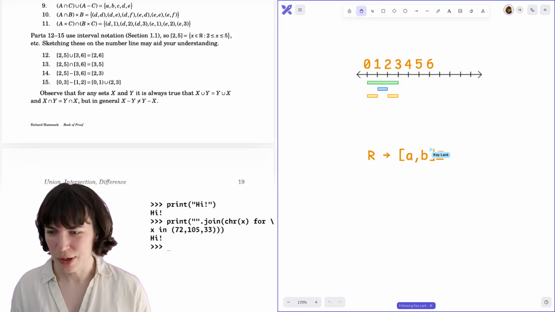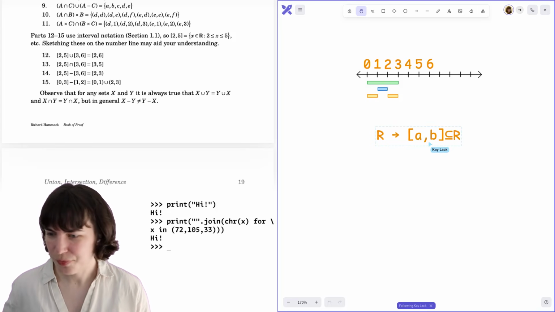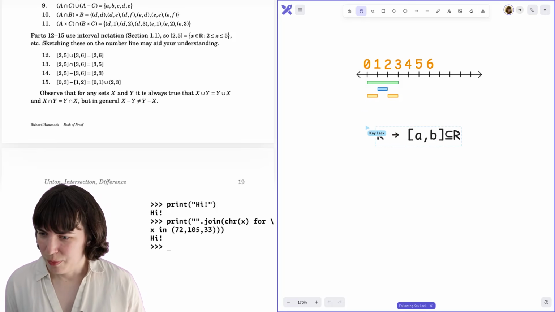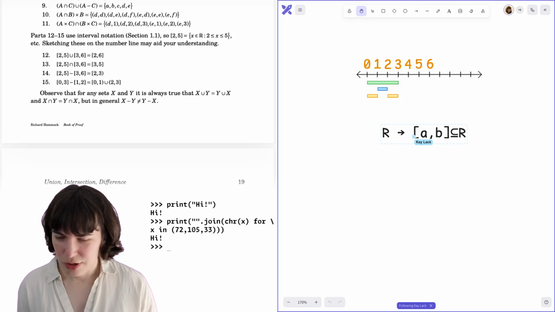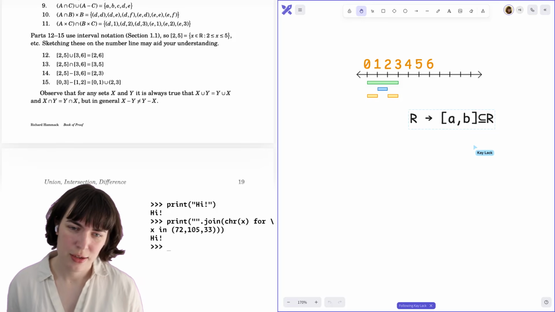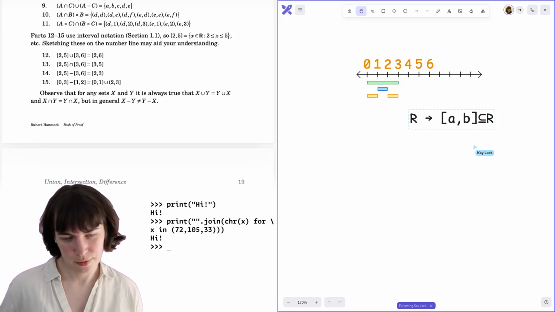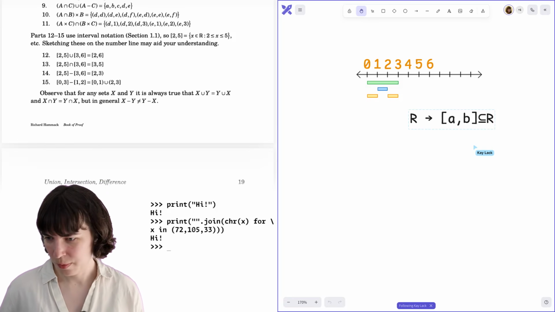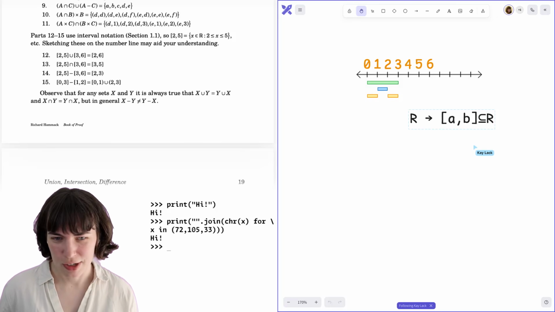I've got that one in my library, but maybe that means something slightly different. This book uses this one. Right, so you can construct a function R to an interval which is a subset of R, which is kind of a mind-blowing way of showing how the reals are uncountably infinite.